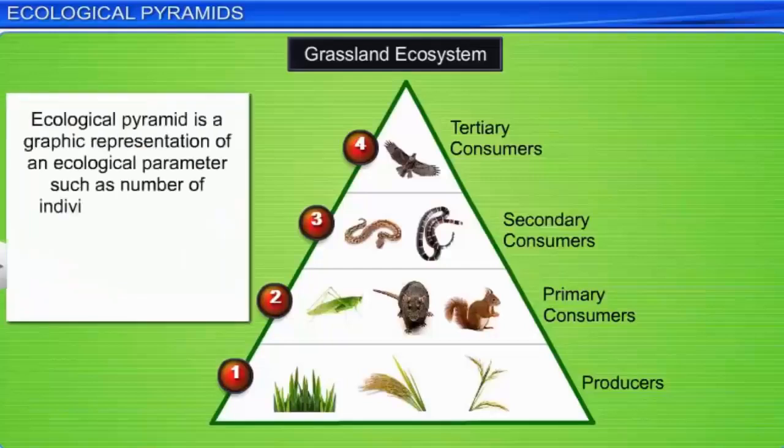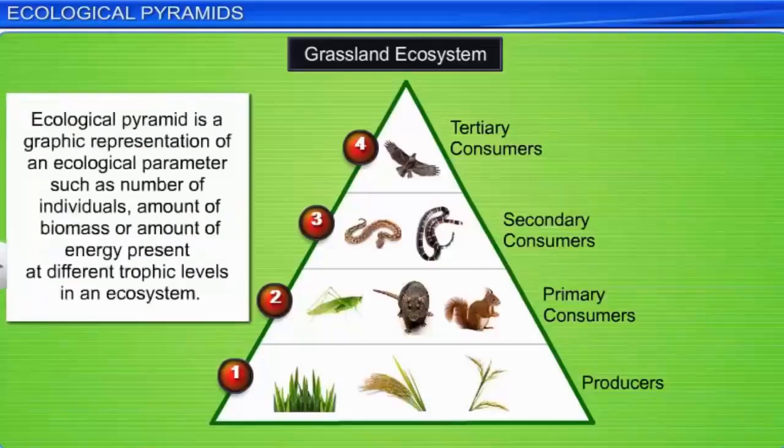The ecological pyramid is a graphic representation of an ecological parameter such as number of individuals, amount of biomass, or amount of energy present at different trophic levels in an ecosystem.